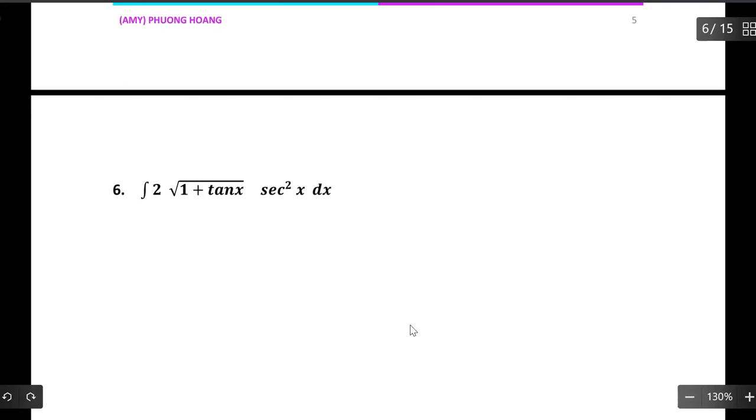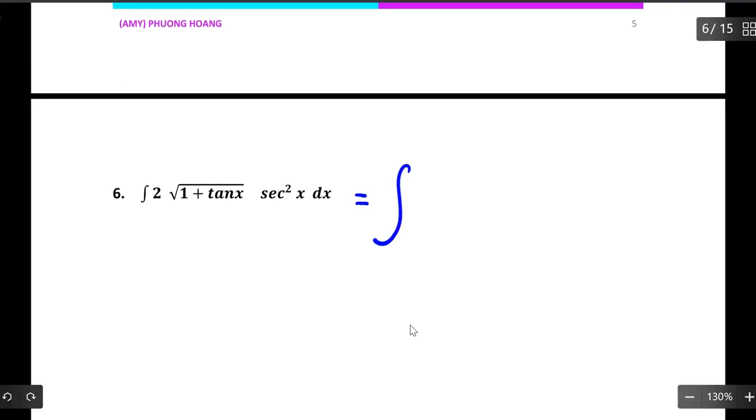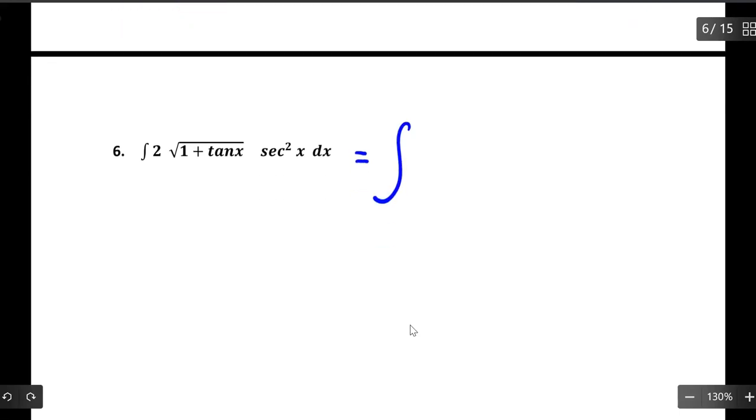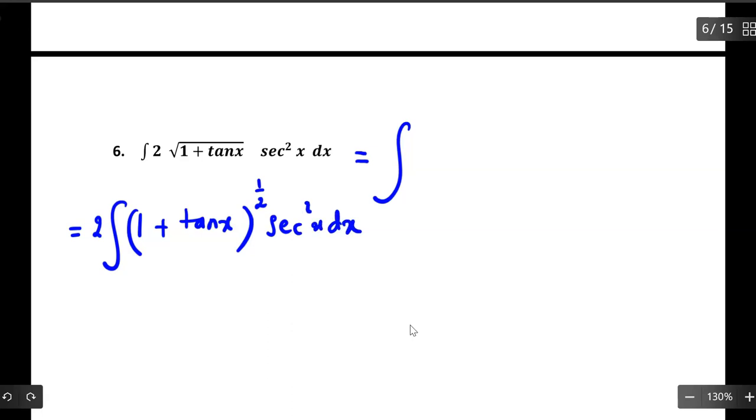So I can write the integral, you can bring 2 across the integral sign. You write 1 plus tangent of x, all of it to the exponent a half, then secant square of x dx.